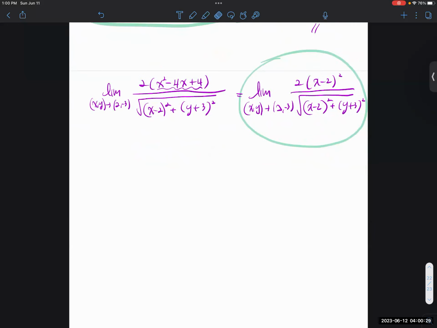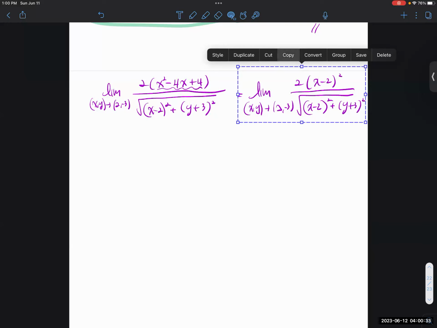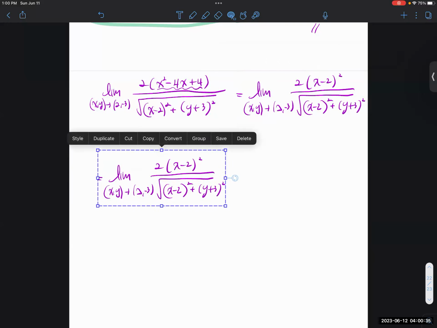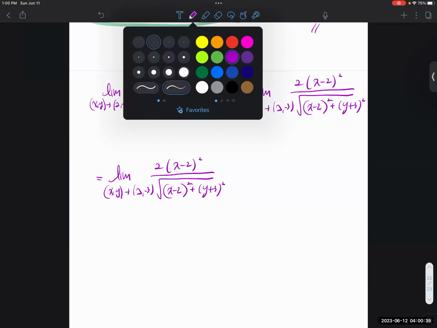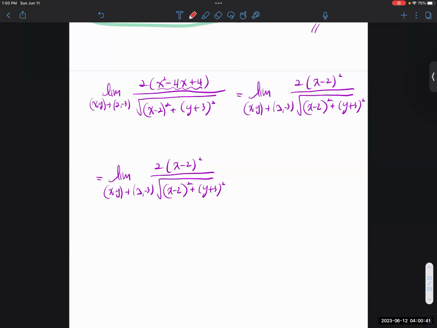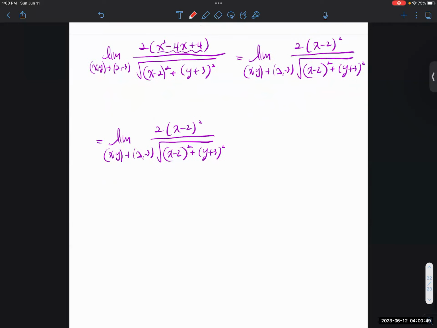So when you look at this, I'm going to just copy this and paste. It's hard to evaluate because if you're plugging in, we just want to know whether it is 0 or a negative number, a negative outcome or positive outcome or 0 outcome.